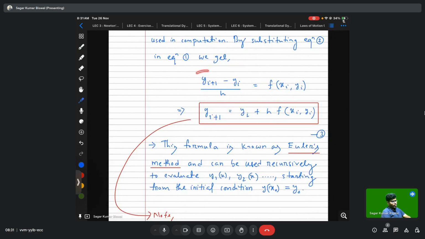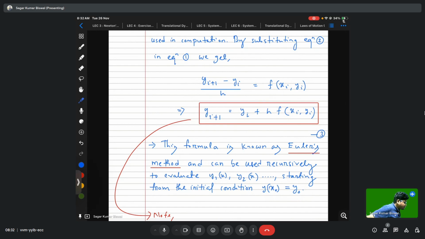Then you will get yi plus 1 is equal to yi plus h times f(xi, yi), right? So this is known as the Euler's method, or Euler's formula, and this can be used recursively to evaluate y1, y2, and so on, starting from the initial condition that y(x0) is equal to y0.